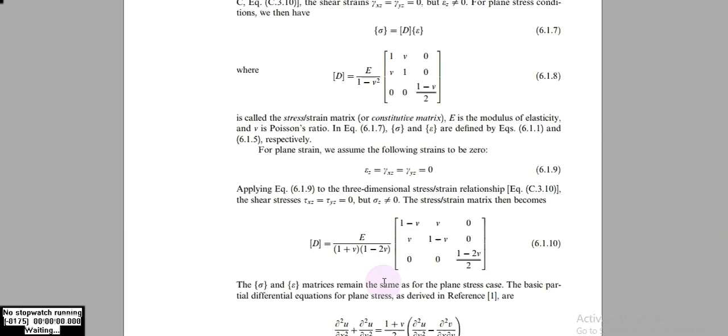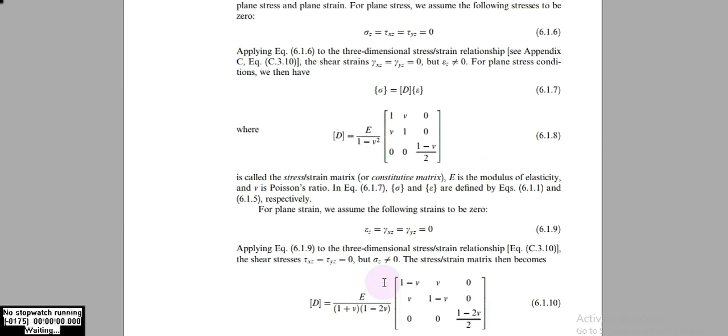Further, we can see over here that the stress values are considered as 0, but epsilon z is not always equal to 0. We know that sigma is equal to D epsilon.